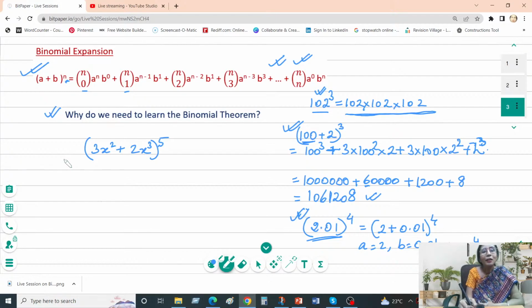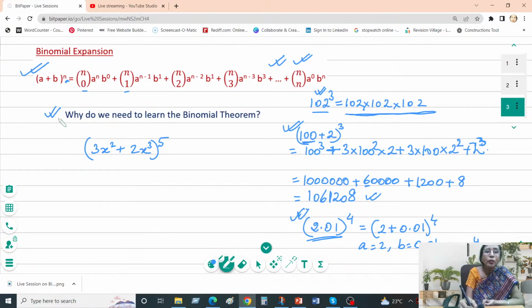Well, there are cases in higher mathematics or in higher physics problems where you will be needing the binomial theorem, but I will not be going into those parts in this session or in coming sessions. But the one that is included in your syllabus is the questions on probability and statistics.